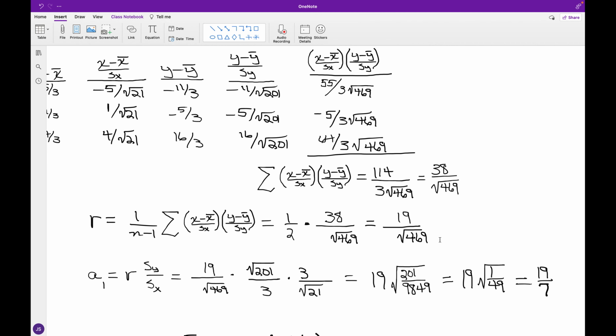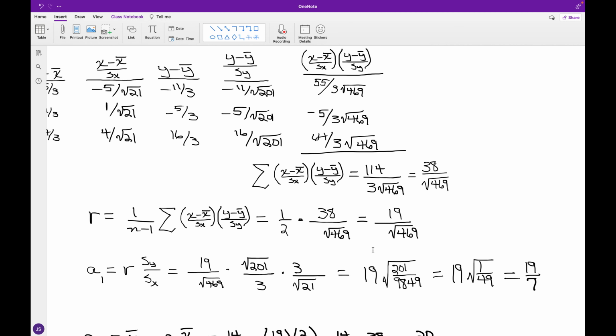Now, going back to developing the equation of the least squares line. For what is referred to as a of 1, we're looking at the product of the correlation coefficient and the ratio of the sample standard deviation of y over the sample standard deviation of x.